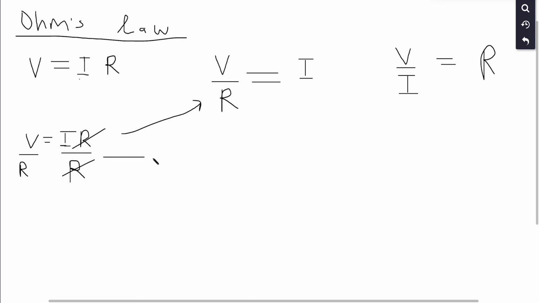And if you rewrite this equation, it becomes voltage divided by resistance is equal to the current. That's a similar approach to how we solve for the resistance as well, right?